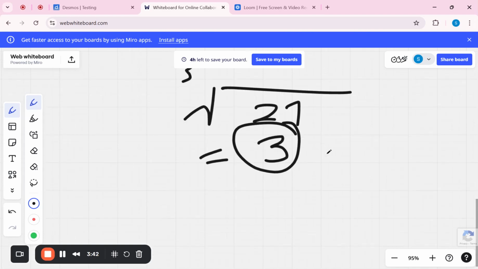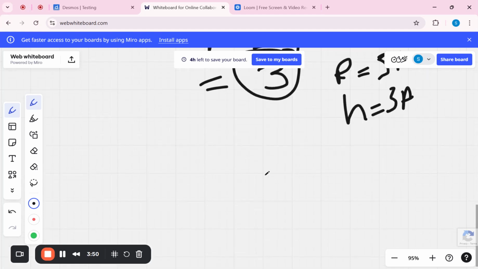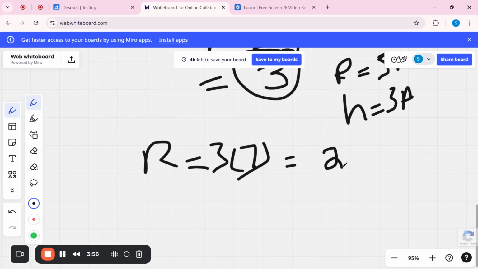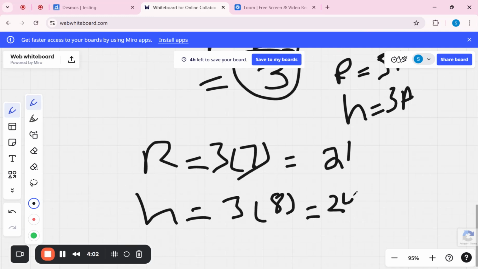That means the radius of cylinder B is 3 times that of cylinder A, and the height of cylinder B is 3 times that of cylinder A. The radius of cylinder A was 7, so it will be 21, and the height was 8, which will be 3 times, which is 24.